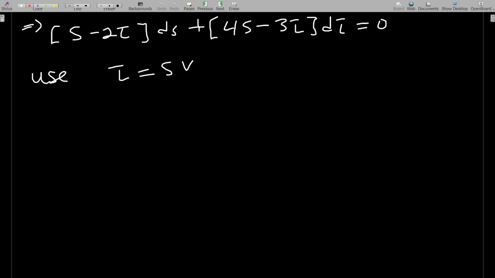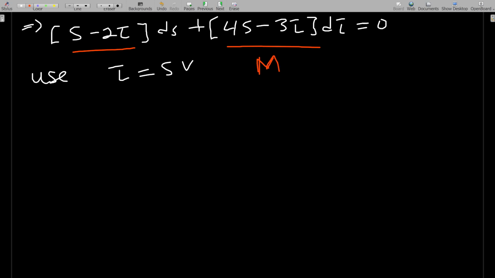This implies that this one is homogeneous. If you compare, it is homogeneous of degree 1. It's a homogeneous first order differential equation.